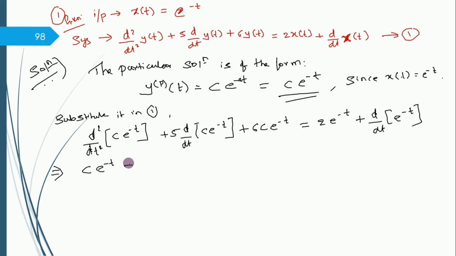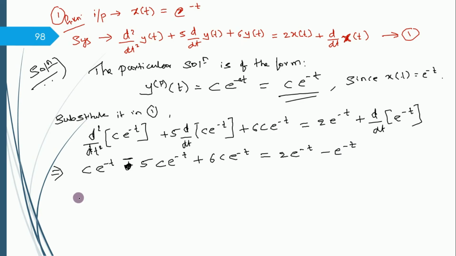Here you get one time differentiation, so you should get a minus sign. So this plus sign I replace with minus 5c into e raised to minus t, plus 6 into c into e raised to minus t, equal to 2 into e raised to minus t. Here differentiation of e raised to minus t is minus e raised to minus t. So I take e raised to minus t common and cancel it out on both sides.